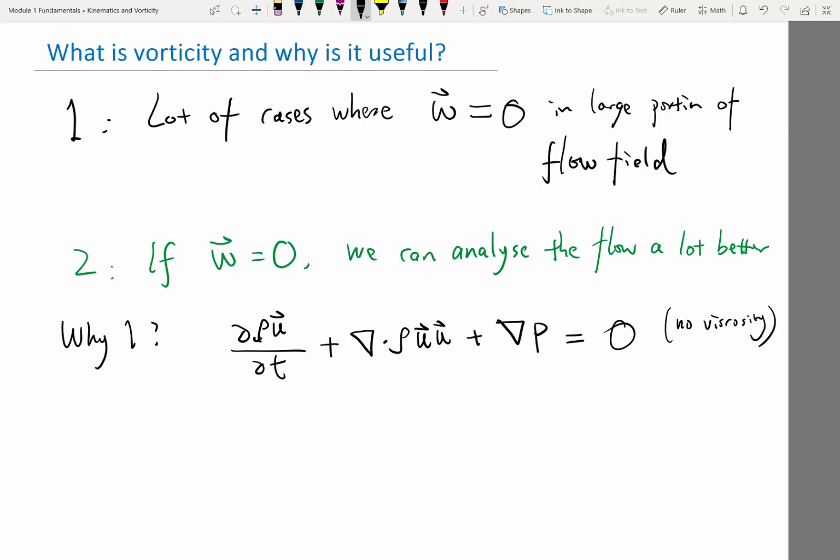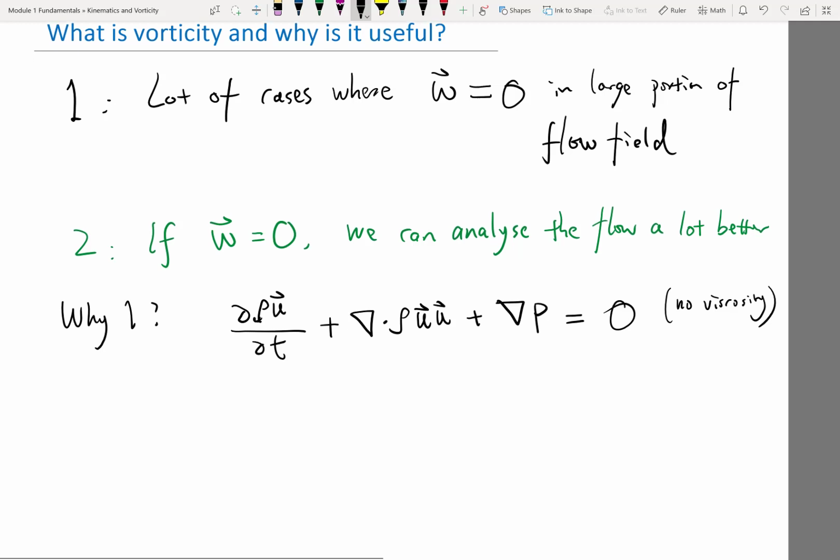But if there are no viscous forces, so no viscosity, do you remember that we can actually pull the rho out and use conservation of mass to get rid of it in both this term and this term?